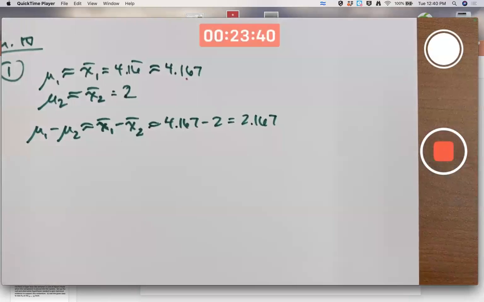That is some evidence that mu1 is bigger than mu2, right? That's some evidence that mu1 is bigger than mu2 because the difference is positive. Is it statistically significant evidence? That's not so clear.